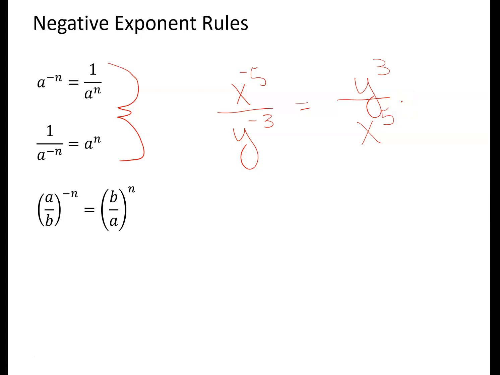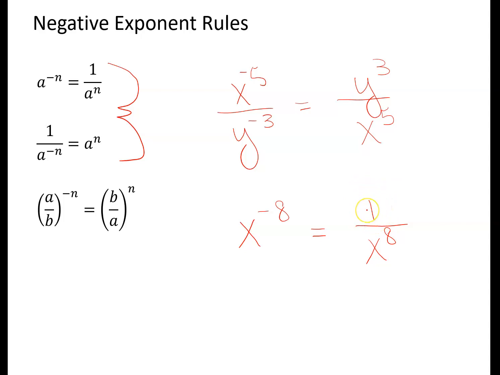So moving the base with its exponent over that fraction bar changes the sign on the exponent. Now if I just write x to the negative 8, it is in the top. Even though we don't see the bottom of the fraction, the bottom would just be a 1. And so if I want that to become positive 8, I would just move the x to the bottom. However, I would then need a numerator.